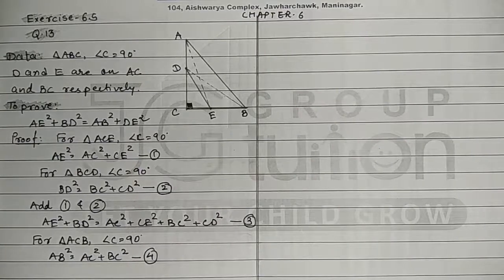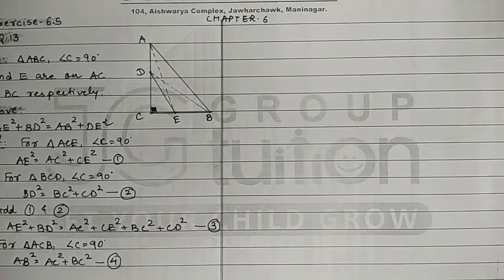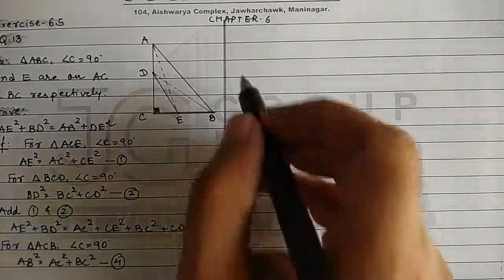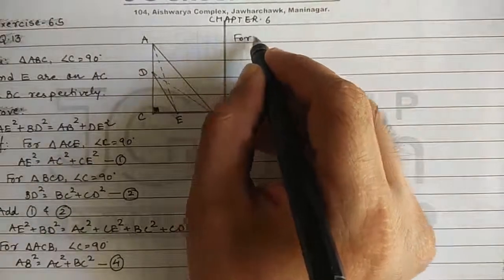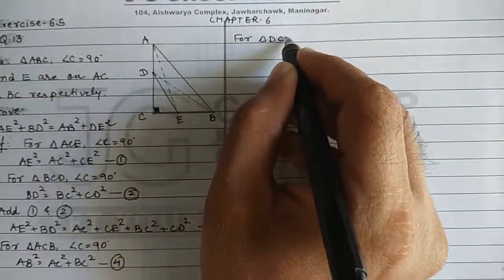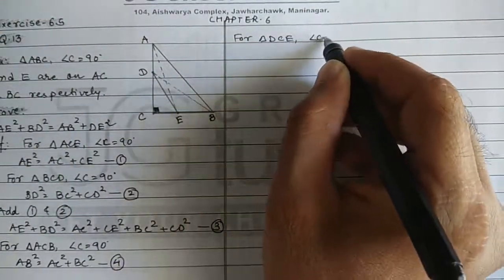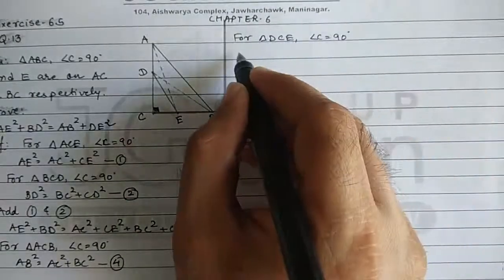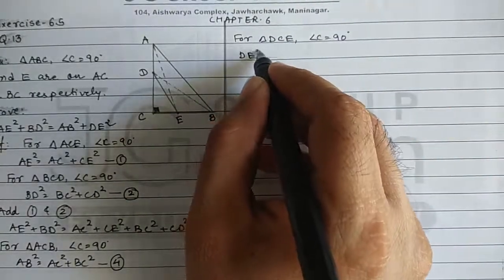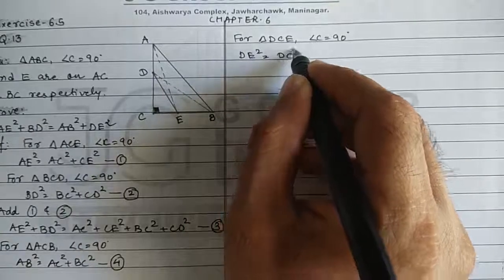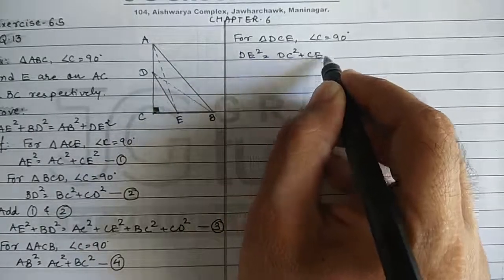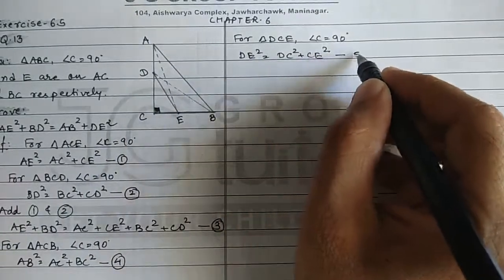I'll continue this question. Now I'll require DE. So for triangle DCE, again the angle is the same, that is C is the right angle. Using Pythagoras we can say that DE square is DC square plus CE square. This is equation number 5.